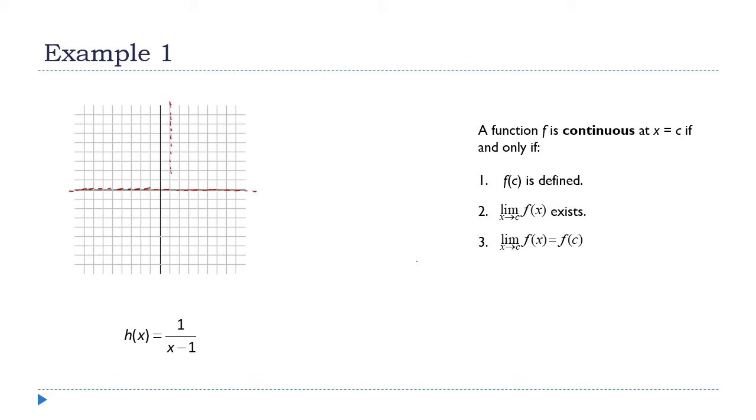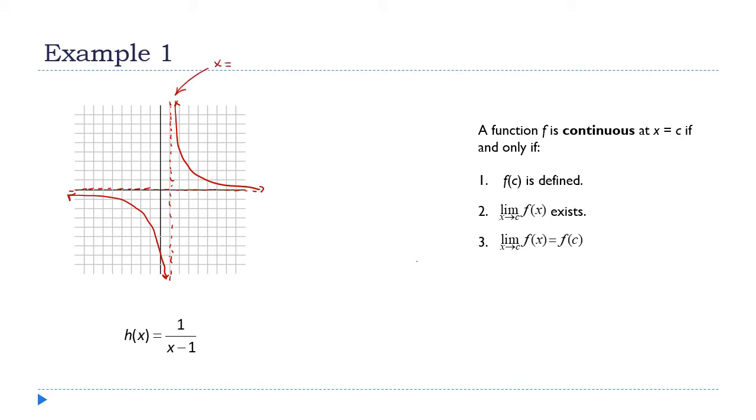That's the point where the denominator equals 0. So the graph looks like this. I want to talk about continuity. Well, sometimes it's easier to talk about discontinuity. This function is discontinuous at x equals 1, at this asymptote here.